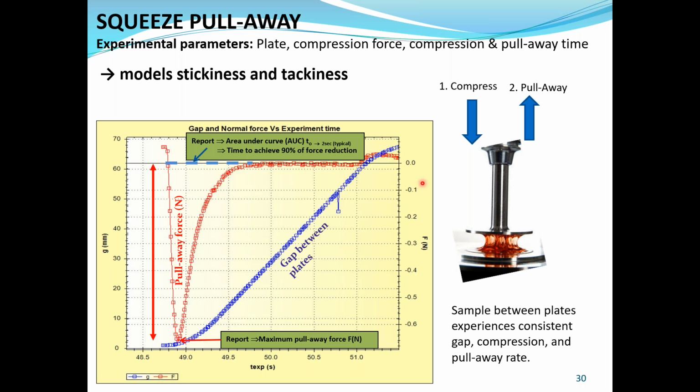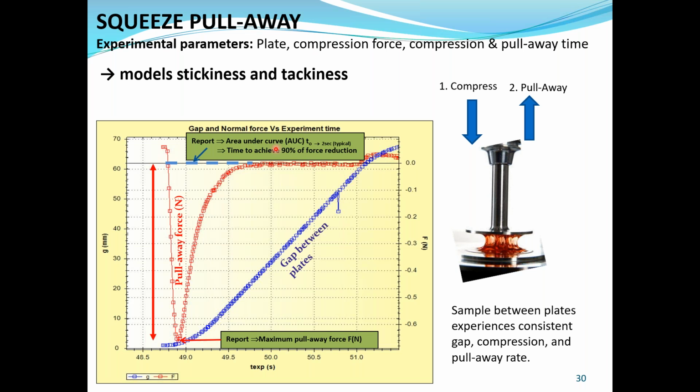The last assay is the pull weight study, and this models stickiness, tackiness, adhesion, cohesion. Basically, the top plate will compress the sample, and you can let it sit for a while if you need to rest, have it equilibrate, and then you pull the upper plate at whatever rate and force you determine.